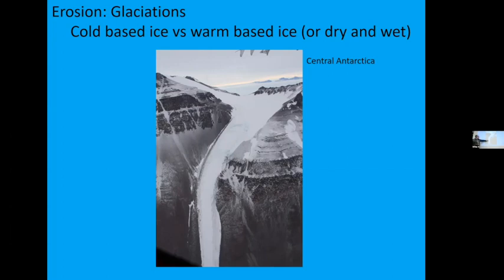It's because they don't slide on their bed and don't flow out. You think about when you make a pancake and you pour the batter on the grill, it flows out. A lot of glaciers flow out in that way. You get these Piedmont glaciers. This doesn't do that. It can't move along its base.